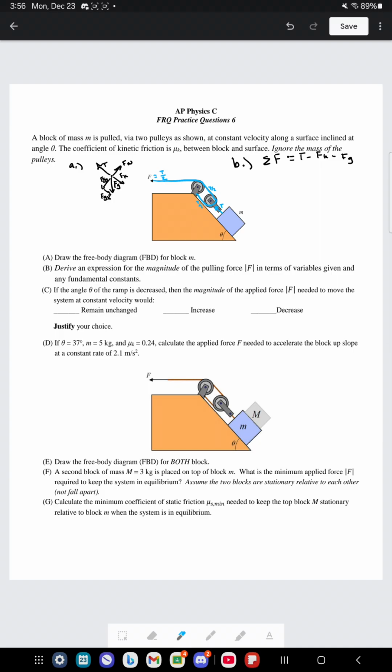Now the problem says that there is a constant velocity, and therefore that makes ma equal to 0. So 0 equals T minus Fk minus Fg.